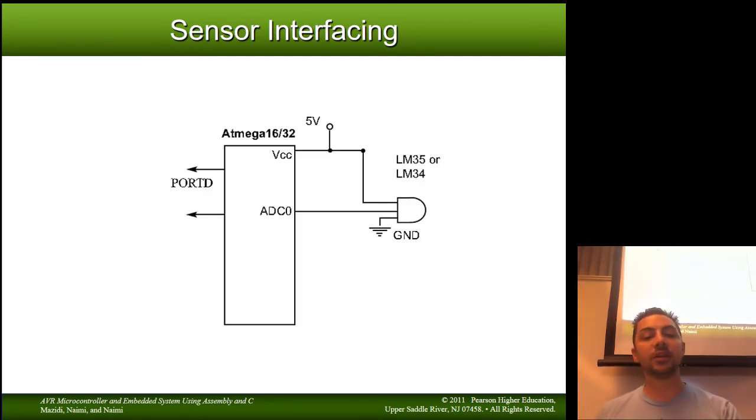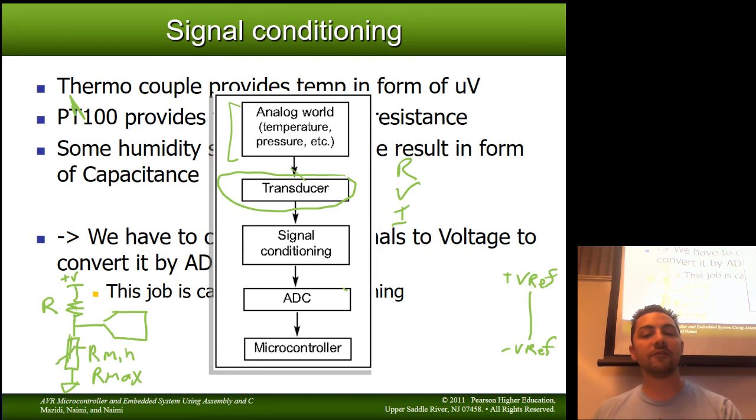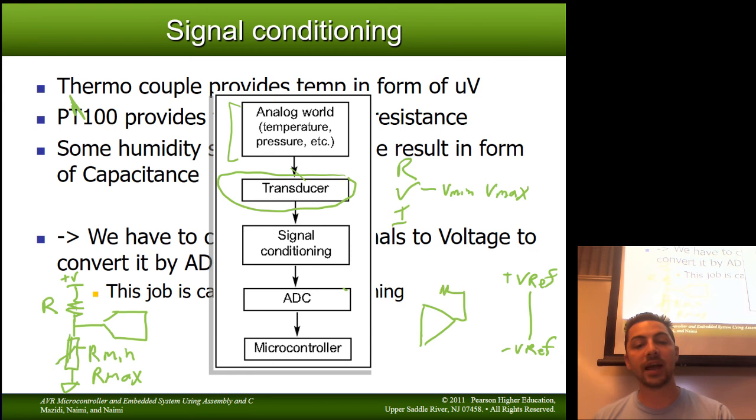If it's a voltage, you have to look at Vmin and Vmax. If they are not really close to Vref minus and Vref plus, you probably have to apply some kind of analog gain. Everybody's been through some kind of circuits course and should recognize this circuit.